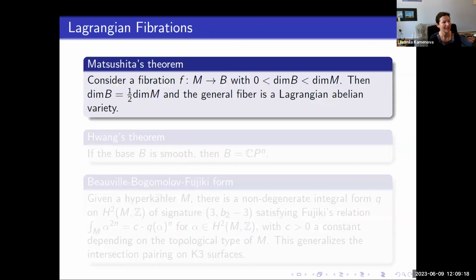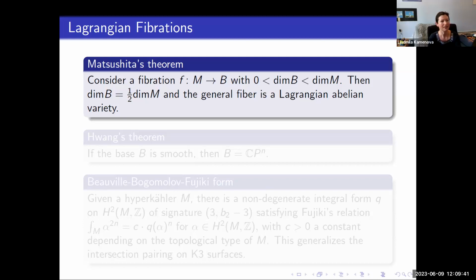So I also want to mention how the SYZ conjecture looks in the hyperkähler case. So, for example, if you have a K3 surface, one standard example of a K3 surface is an elliptic K3 surface.